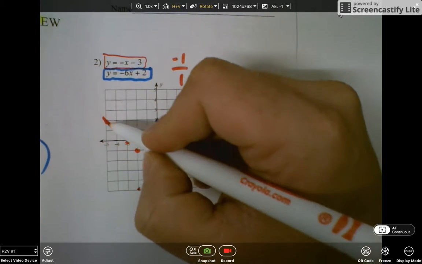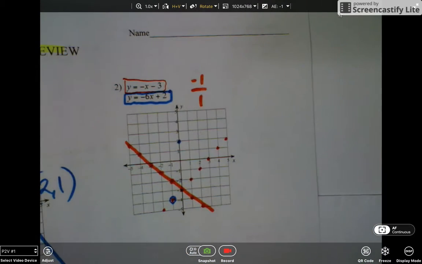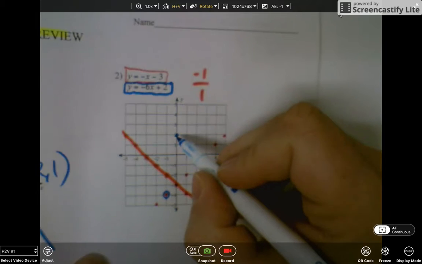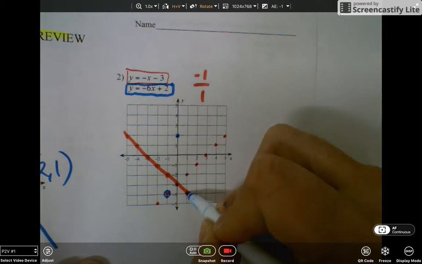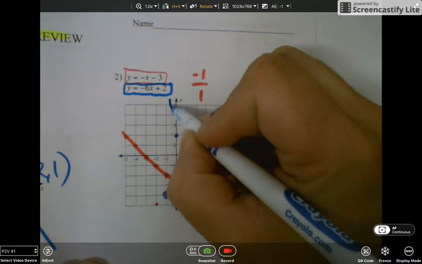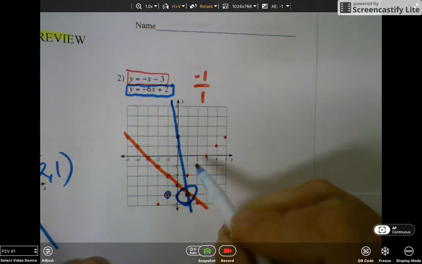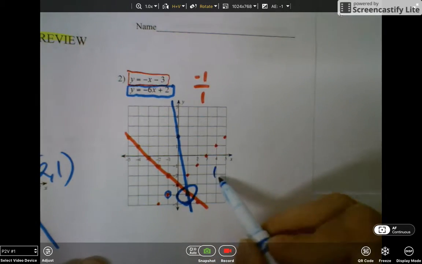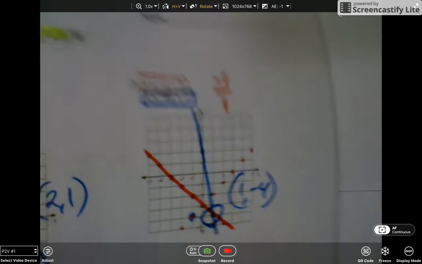So that would be this red line. So I'm assuming I made an error with my blue equation, and I did. It starts at +2. And then I'm supposed to go down 6 and right 1 to have a negative slope as well. So they're both negative lines. My solution happens here, which is at the coordinate 1, -4. Errors are a good way to learn.